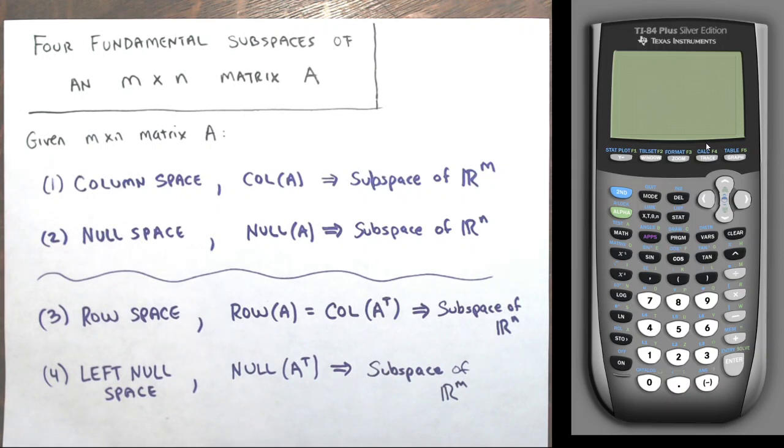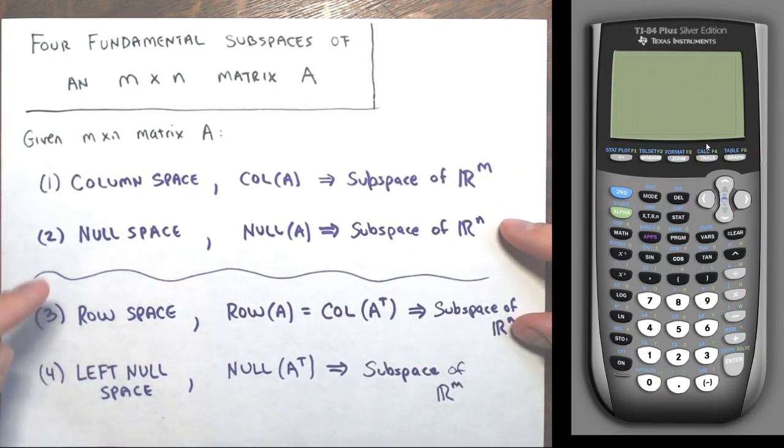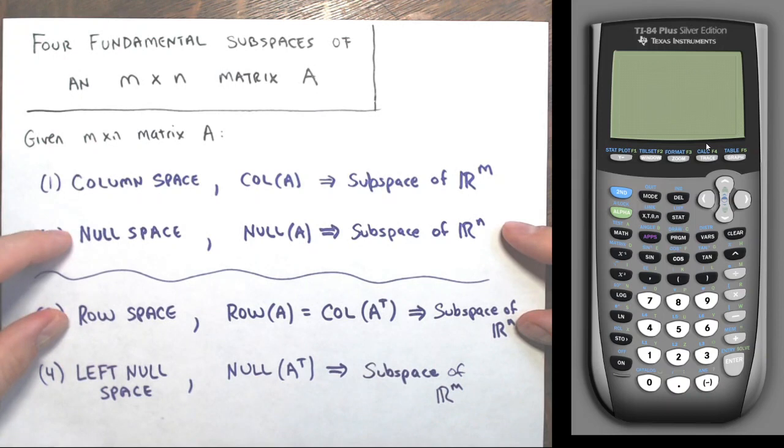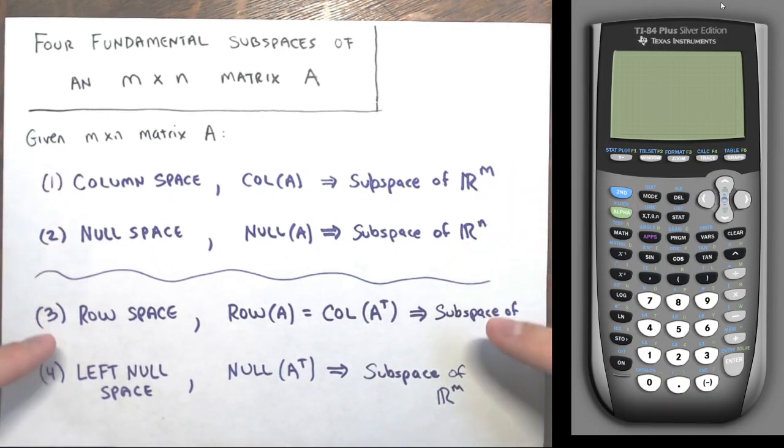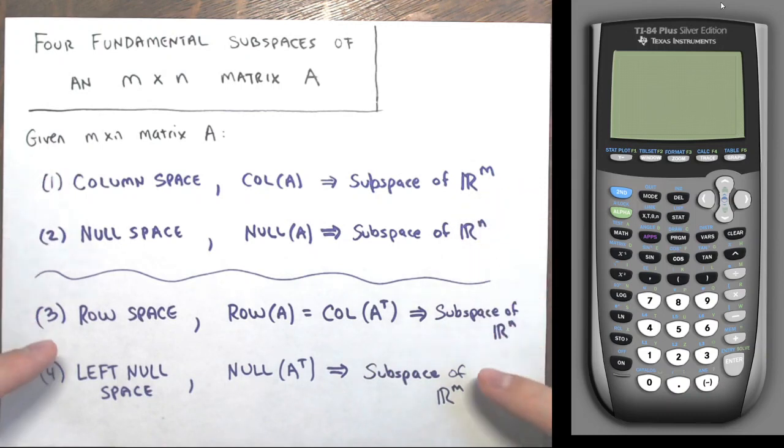And what you're going to see is that the spaces that are subspaces of the same Euclidean space, so the null space of A and the row space of A, are both subspaces of Rn. We're going to see later that these two spaces are orthogonal spaces. And also the two spaces that are subspaces of Rm, the column space and left null space, you're going to see that those two are also what they call orthogonal spaces. It's going to be a very interesting and very important result later in the videos.